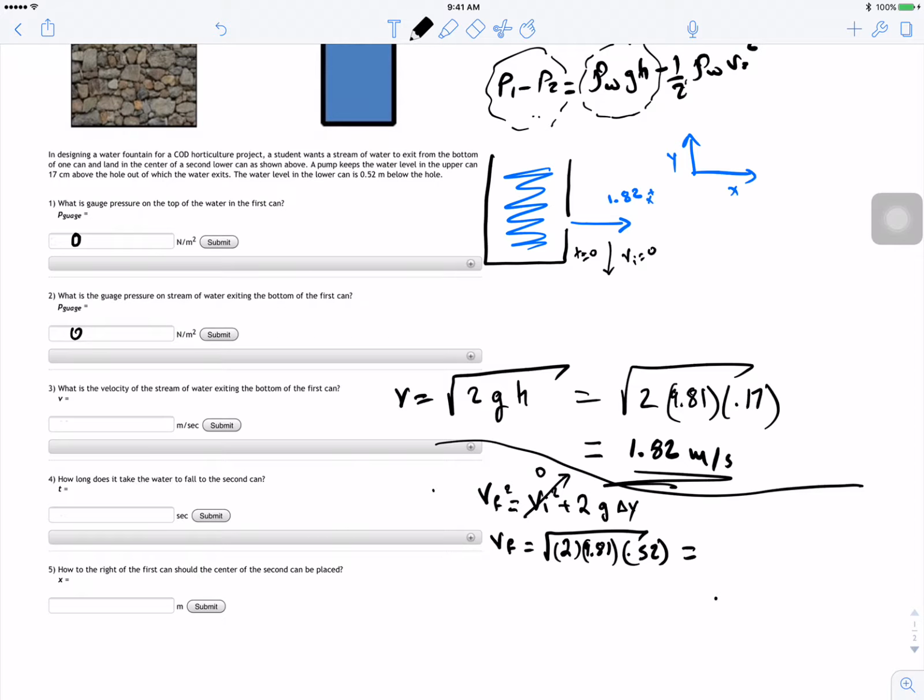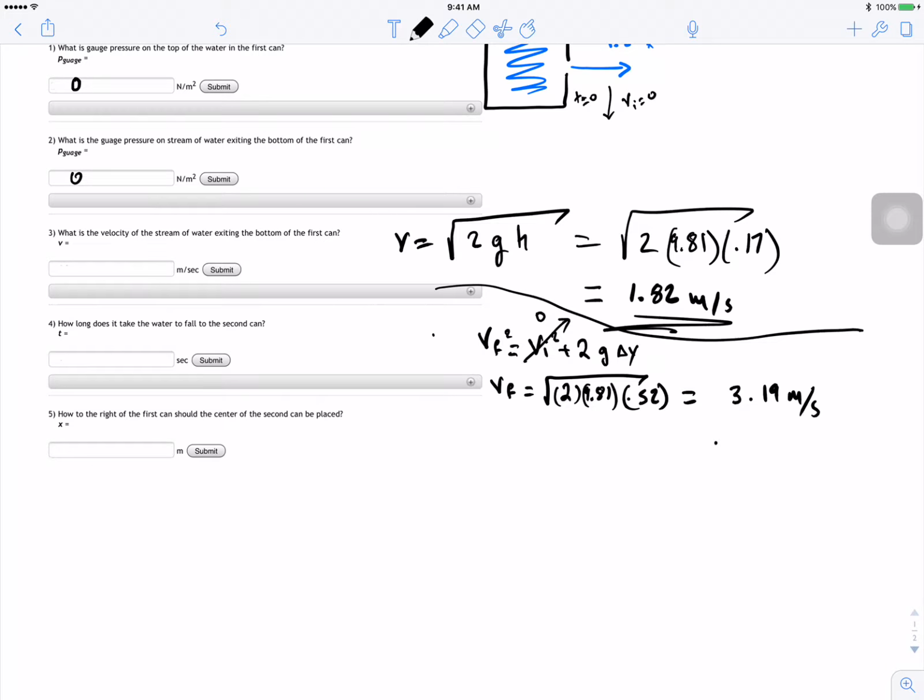And for this one I got 0.3, no, hold on, 3.19 meters per second. Okay, so now let's find the time. So v final is equal to v initial plus gt.